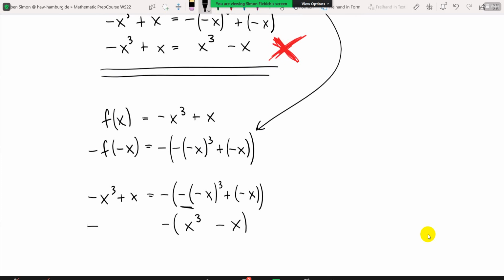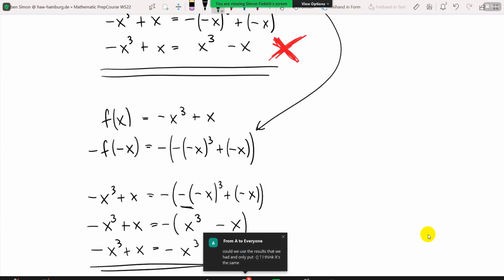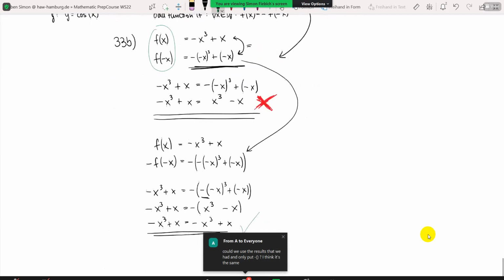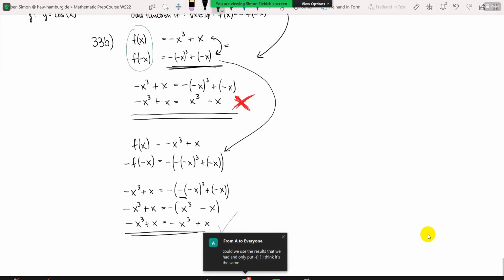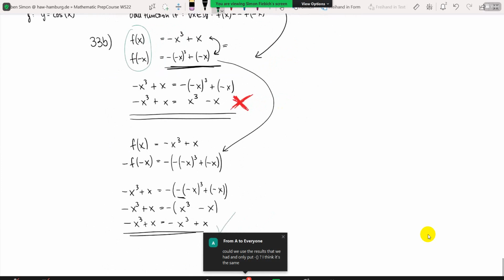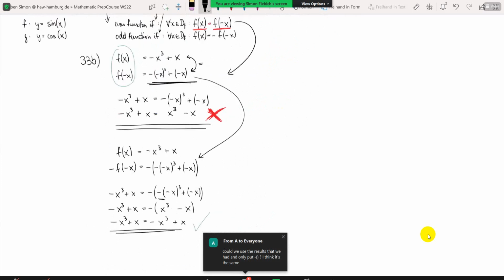But we have this other minus in front, and this will turn around every sign of the summands in the parentheses, and that leads us to negative x to the power of 3 plus x. And in this case, you can clearly see that these two are equal, and that's why the function in 33b is an even function, but not an odd function.